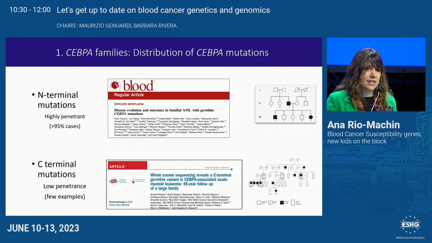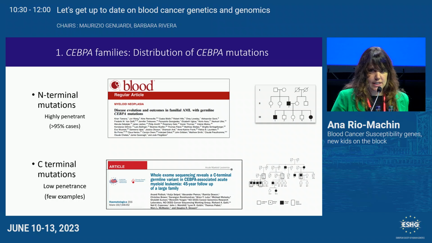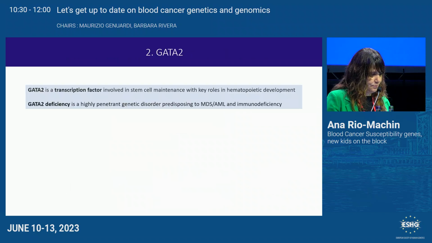So the penetrance in these cases is around 50%. So the probability of developing the disease is around 5%, and they require the acquisition of a second mutation in the N-terminal domain. So the management of patients with these C-terminal germline variants is really challenging, as you can imagine.